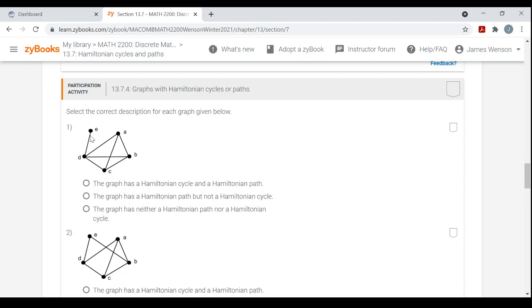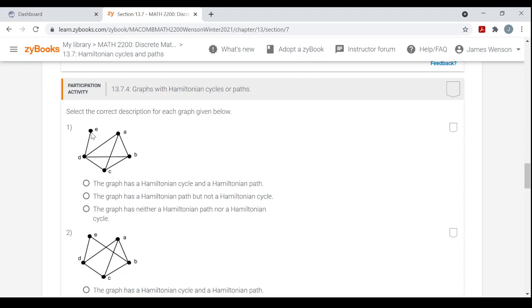Because if I started at E, I'd have to go E, D, C, B, A, and then to get back to E somehow to create a cycle, I'm going to be repeating that edge ED. So again, a vertex of degree 1 means it does not have a Hamiltonian cycle.